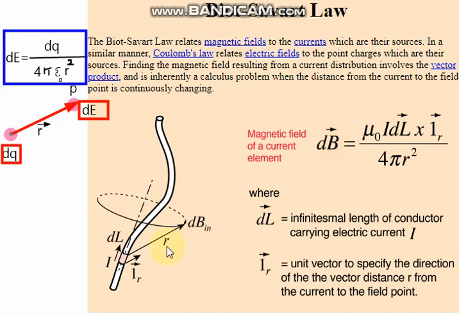So the contribution due to the single element is dB, and the total magnetic field in this region will be obtained by integrating this equation. So we will get the magnetic field due to current distribution at any point P. This equation gives you the Biot-Savart law, or this is the mathematical statement of the Biot-Savart law, which determines the magnetic field at any point P due to current distributions.